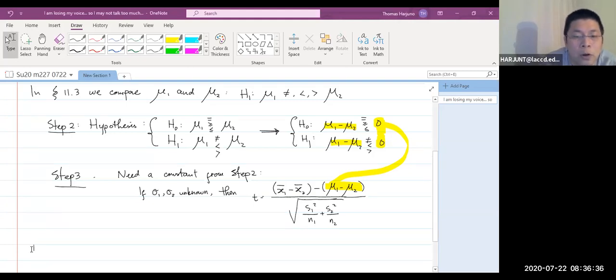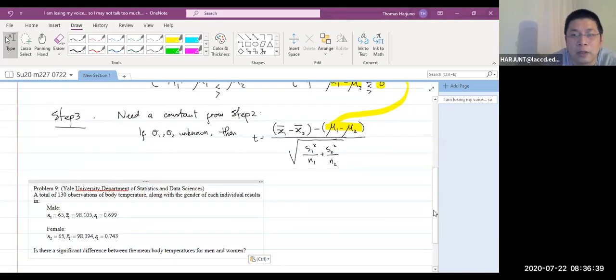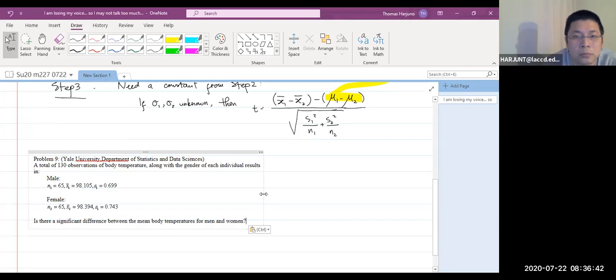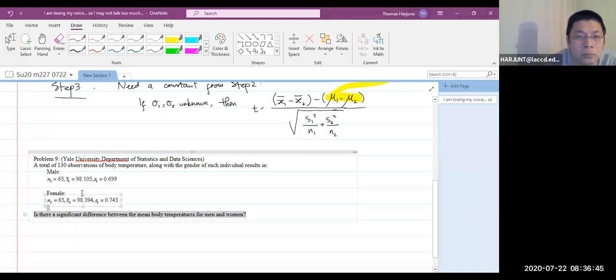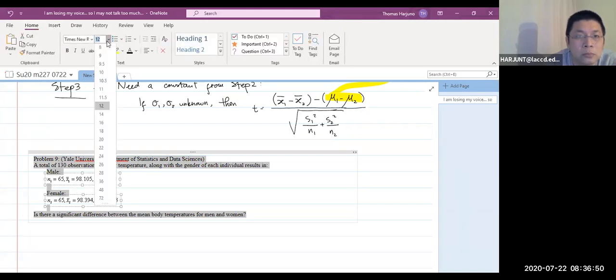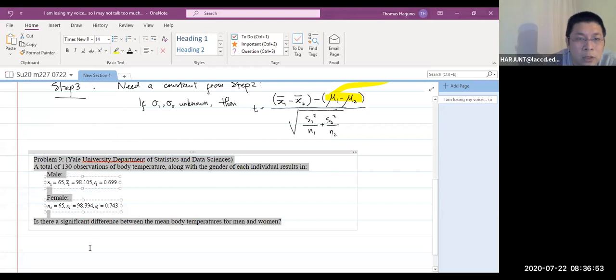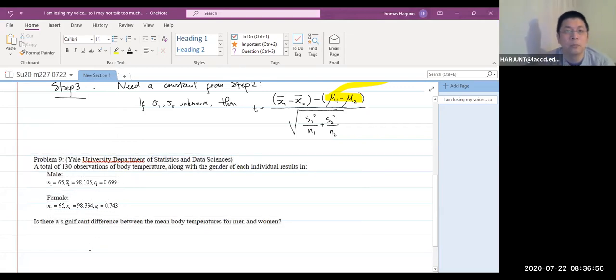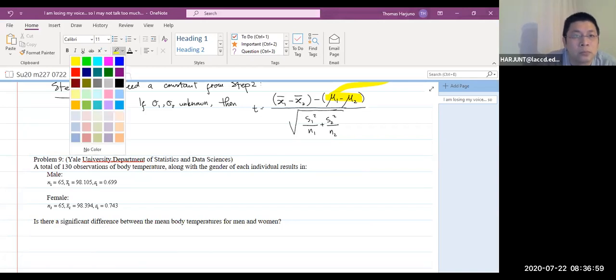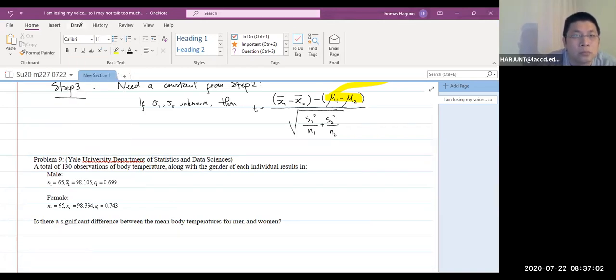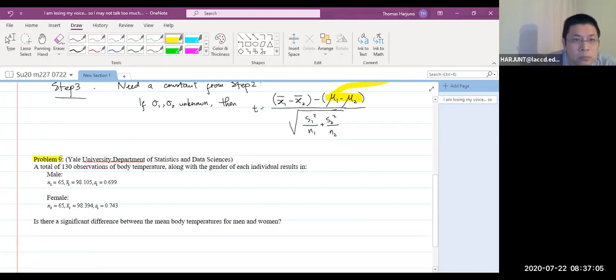Suppose I continue from a set of problems I gave yesterday. Let's say we have this. A total of 130 observations of body temperature along with the gender of each individual result in this information here.